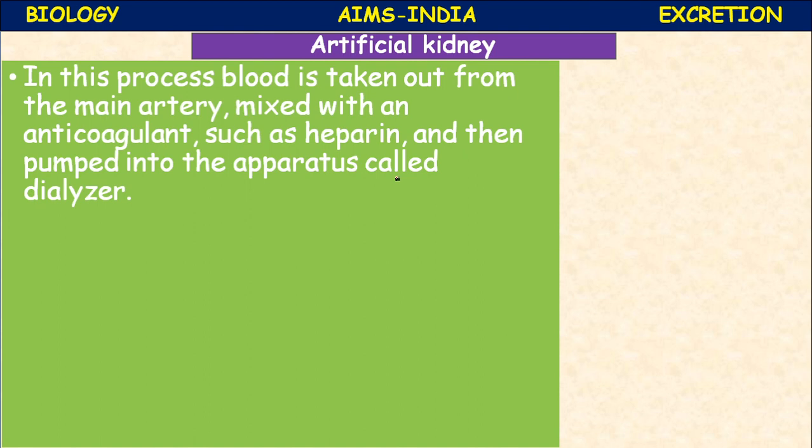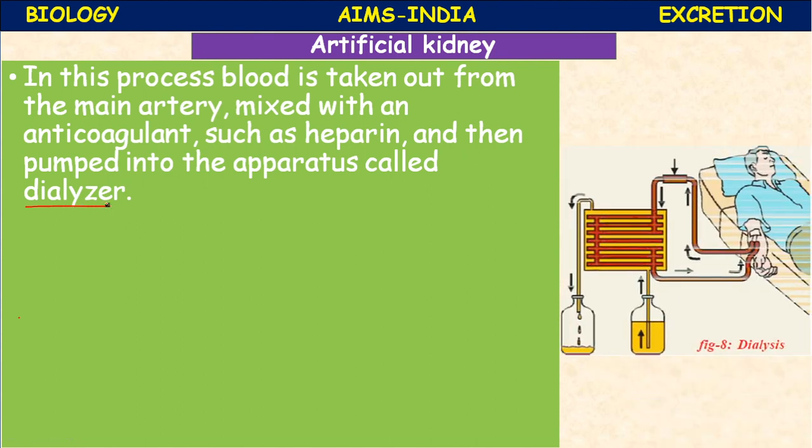It will clot. That is a natural phenomenon. Blood clotting mechanism is there. So to prevent the coagulation of blood, some anticoagulants like heparin are added, mixed, and then pumped into the apparatus called the dialyzer, dialysis machine. Okay.